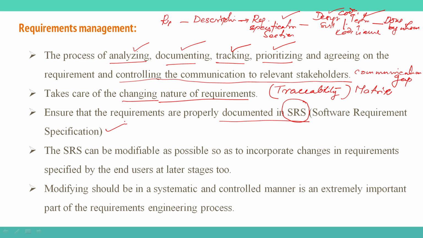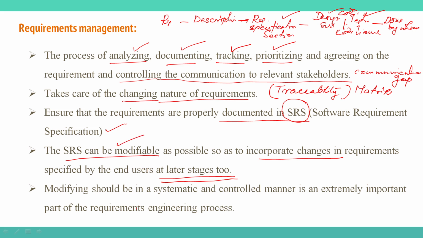Then when you are managing this, the SRS can be modifiable to incorporate changes. So whenever you want to modify your requirements, those changes are to be put into the SRS. So the SRS has to be written in a form which can be modified, because it is not at a particular point; in later stages also, when the users request changes, those changes are also to be incorporated in your SRS.